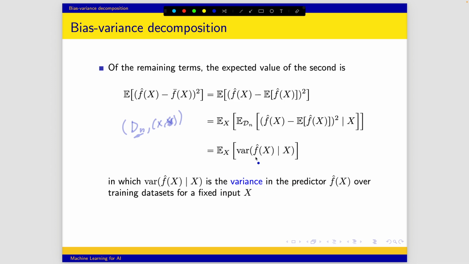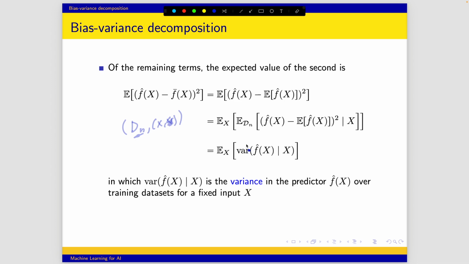Well, it's the variance as we vary the training samples. So for different training samples, we're going to get different f hat of x at any given value of x, right? And the variance in that is defined as follows. So this is with respect to the training sample.